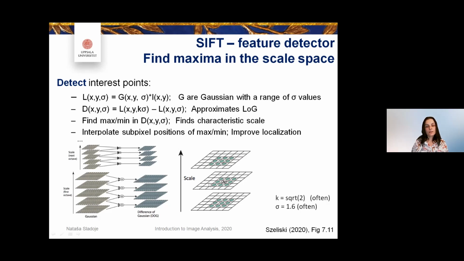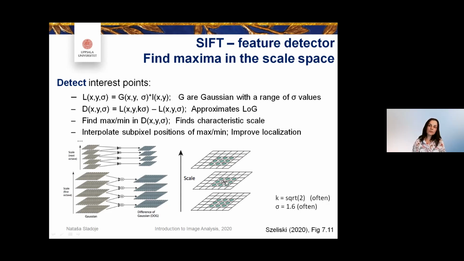The next step is then to look for extremal values of the DoG feature in this scale space. Usually 3 consecutive layers of DoG maps in the scale space are observed.